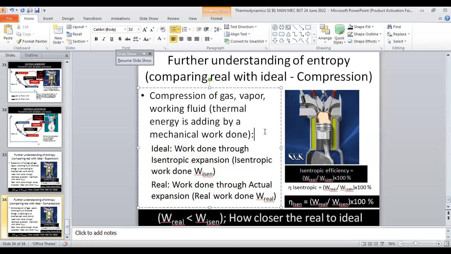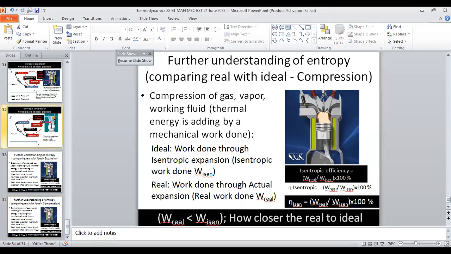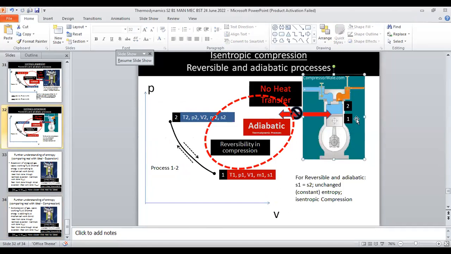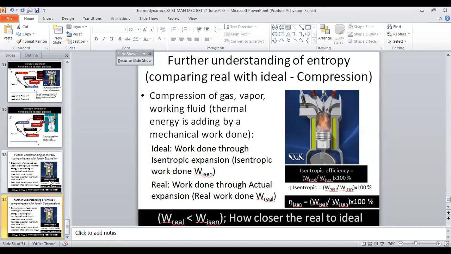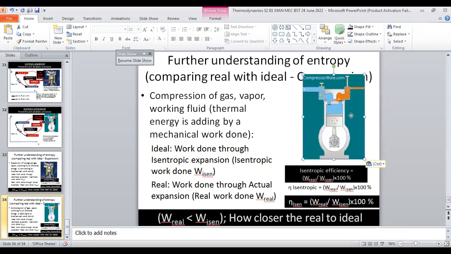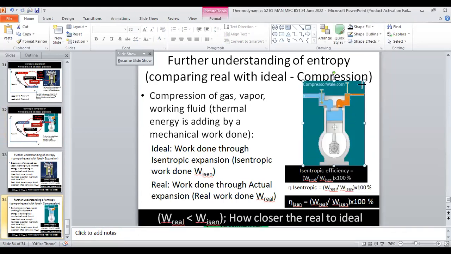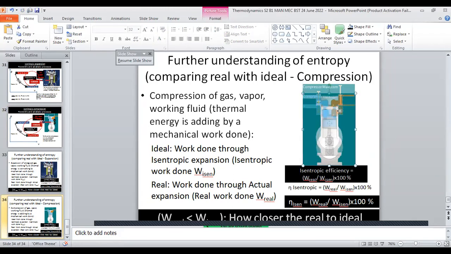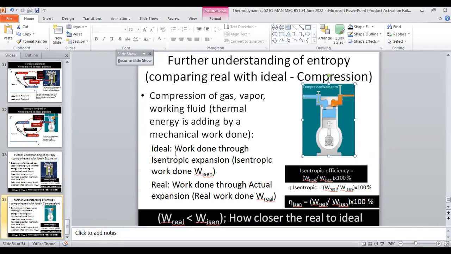Okay, you're turning this. See, you're turning this. So thermal energy is added by mechanical work done.